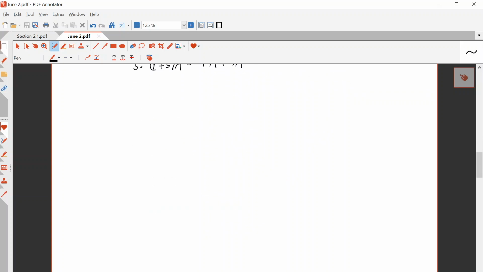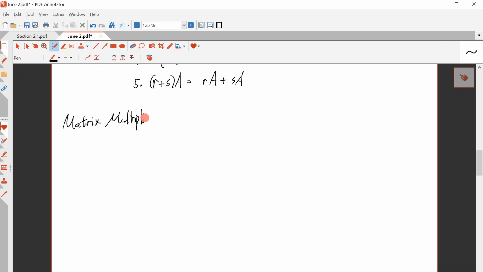The third operation, which we don't have an analog with vectors, is matrix multiplication.